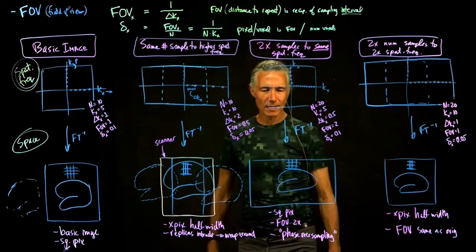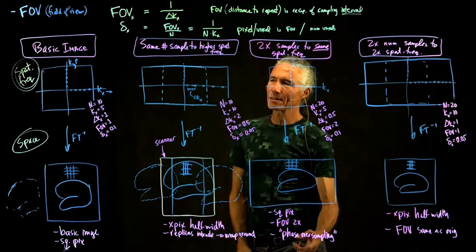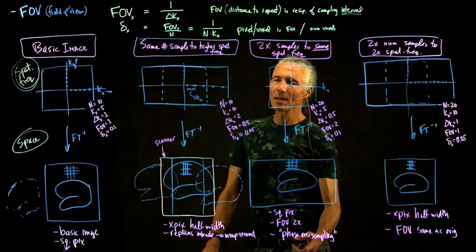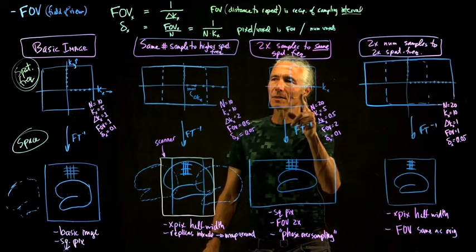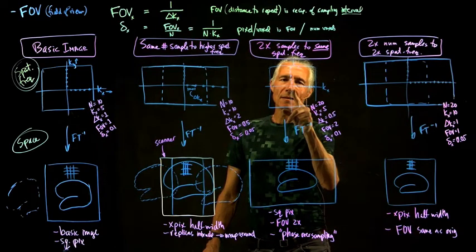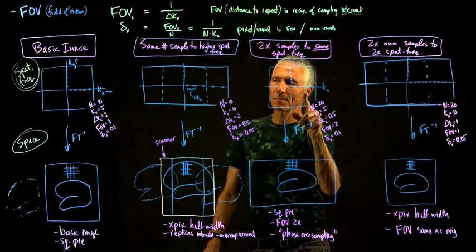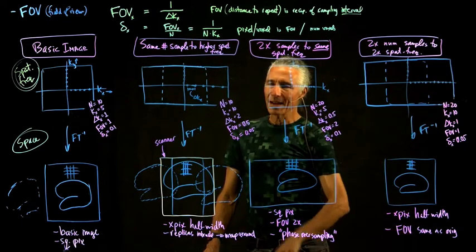Now, what's the downside of this? Well, you have to pay for this somehow. If you're going to get more samples, you have to sample more data, and that's going to take more time typically. It doesn't have to take more time.